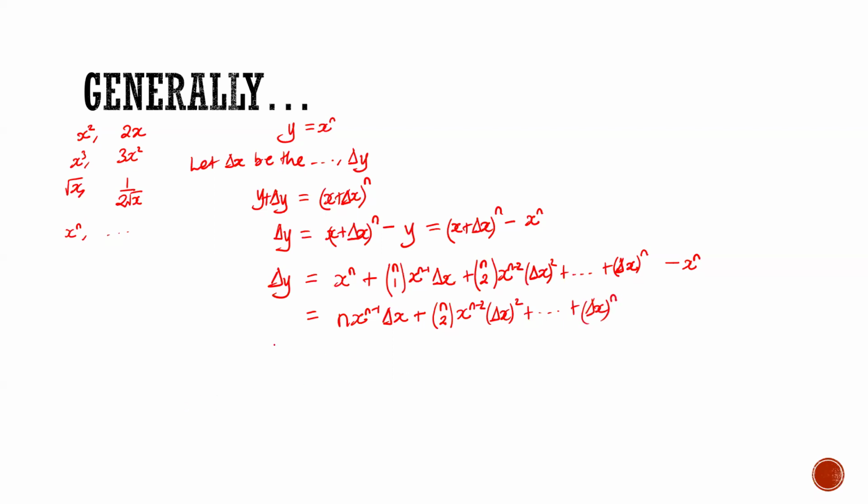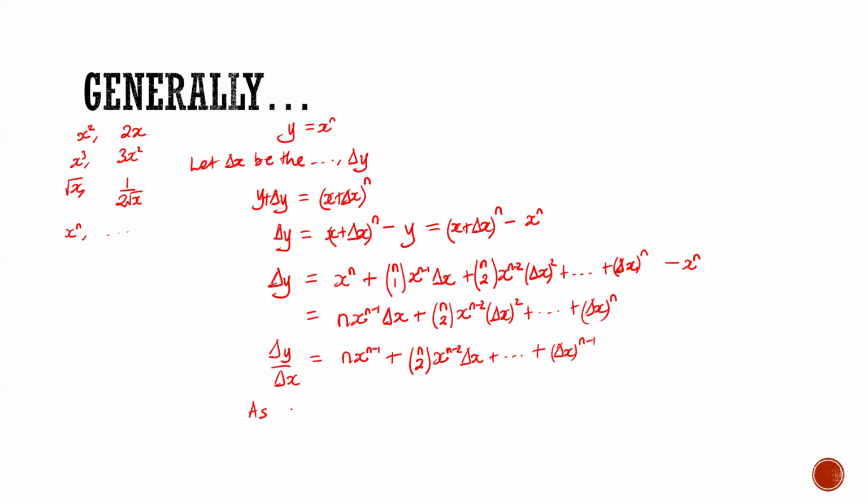And so remember, we want delta y out of delta x. So if we divide all through by delta x, we'll have n x to the power n minus 1 plus n combination 2 times x to the power n minus 2 times just delta x now. And then the last term will be delta x raised to the power n minus 1.